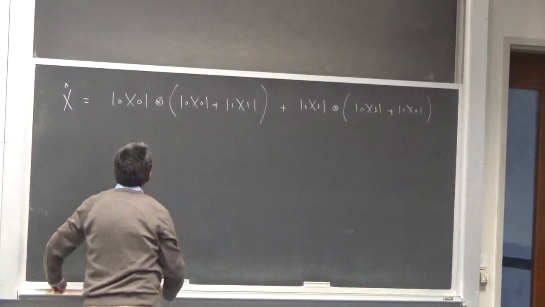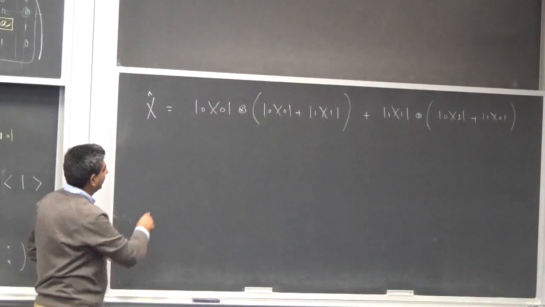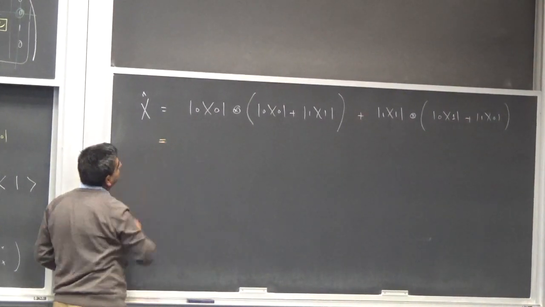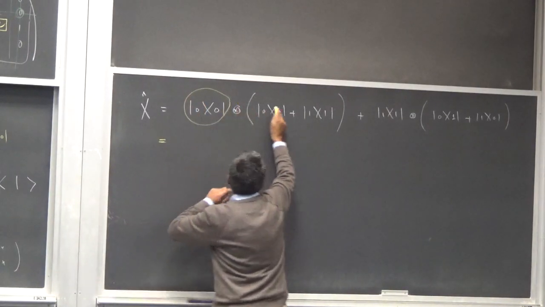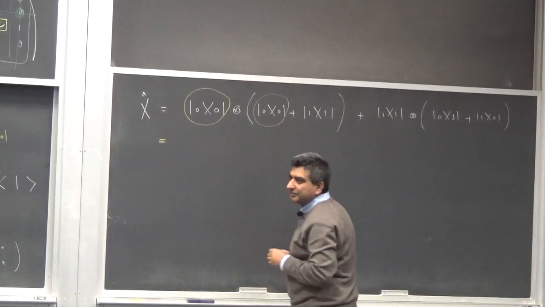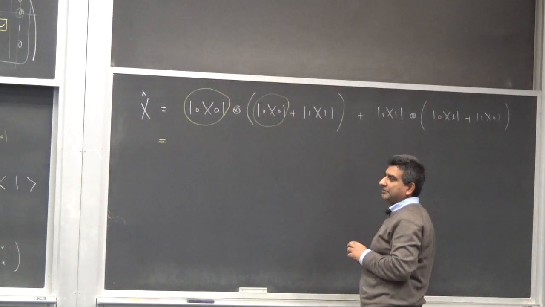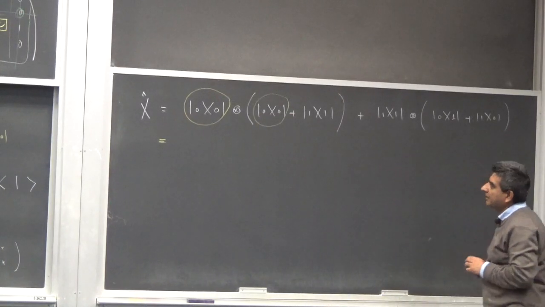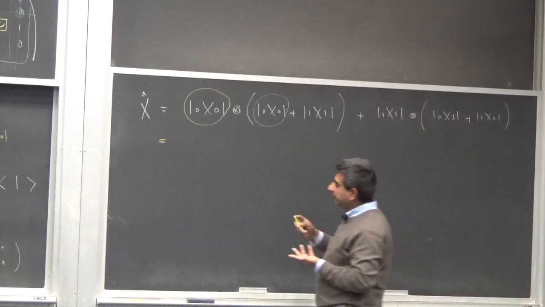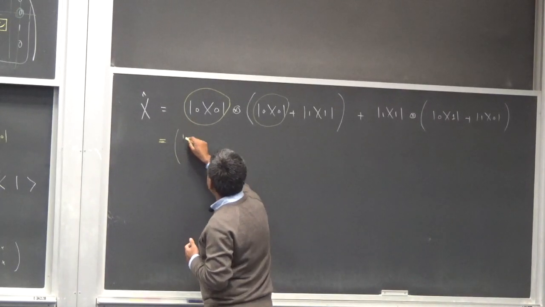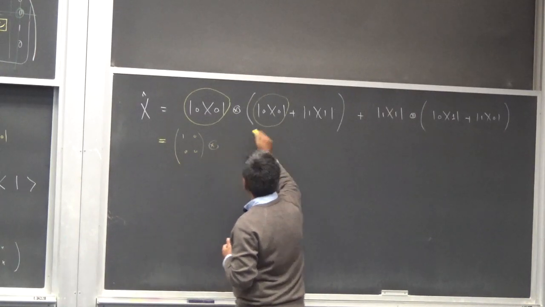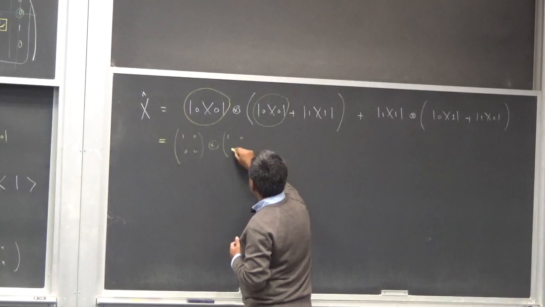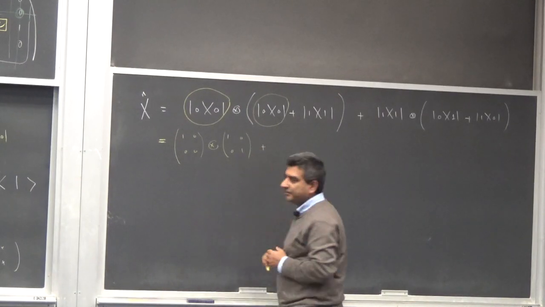Alright. Now what's going to happen here is the following. If I look at this outer product and I find the tensor product with this outer product, I can do this in matrix form. This is 1. All of this is correct.